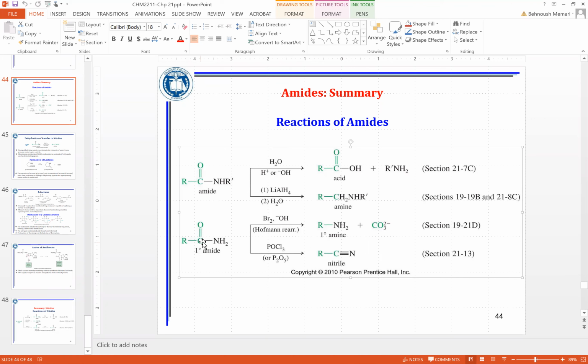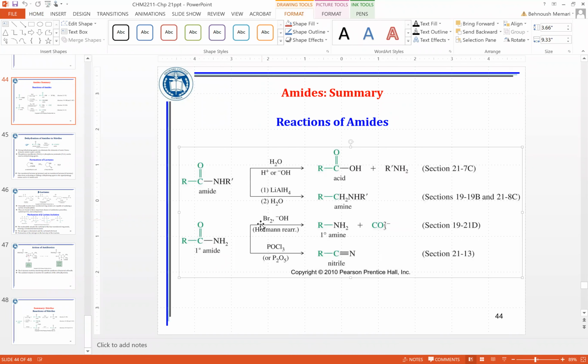And you can change that to primary amine by using bromine with a basic solution. Basically this reaction is a decarboxylation reaction. So you have to be careful if you're using this reagent rather than LAH, because with LAH you are going to keep all the carbons, and if you are using the bromine with the basic solution, you're going to lose the CO double bond altogether.